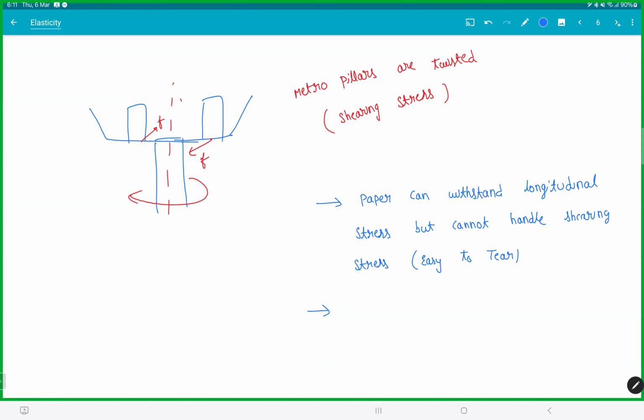So plastic sheet will have less longitudinal stress, but it can withstand more shearing stress. So you should know when you're constructing something what kind of stresses will be involved, and accordingly you try to bring those materials.